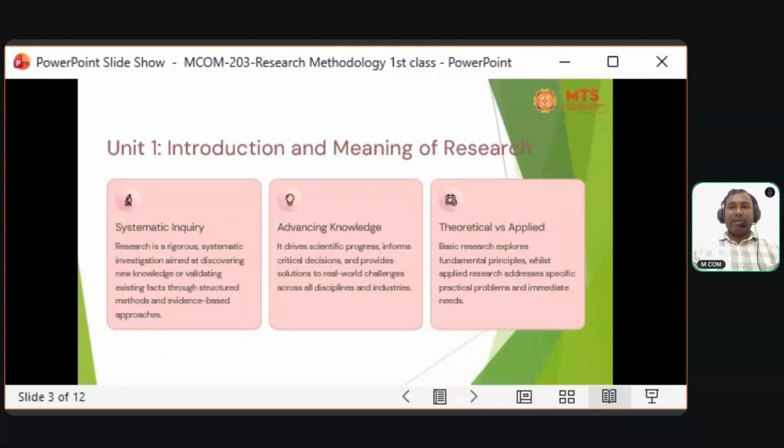In this limited time and limited classes, we cannot discuss elaborately every point, every unit. So in this class, I point out minimum points through slides and summarize all the sheets in 10 or 12 slides.